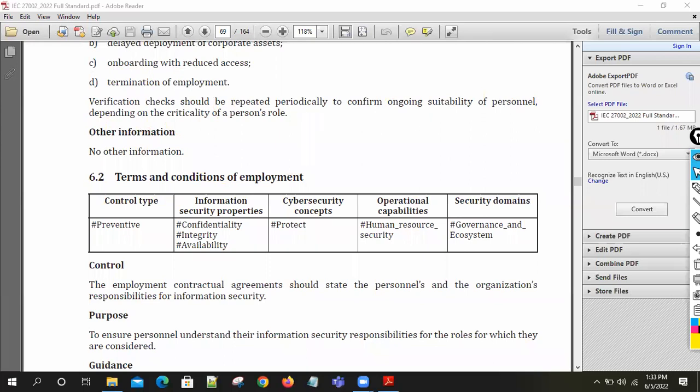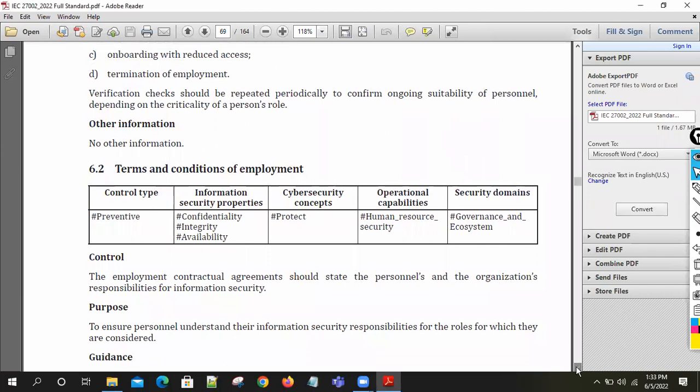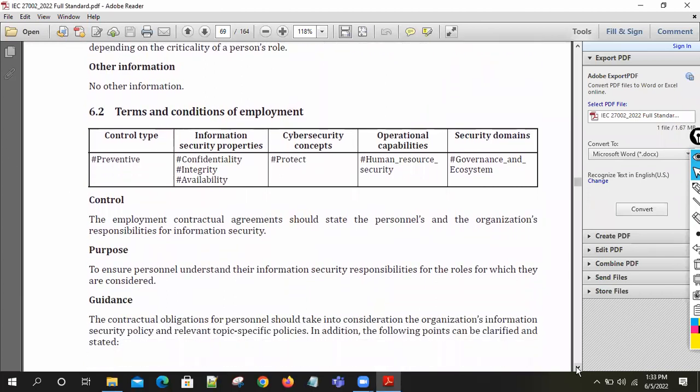Now another thing in the people related controls is the terms and conditions of employment. Why is this very important? Because this is also due to a risk.